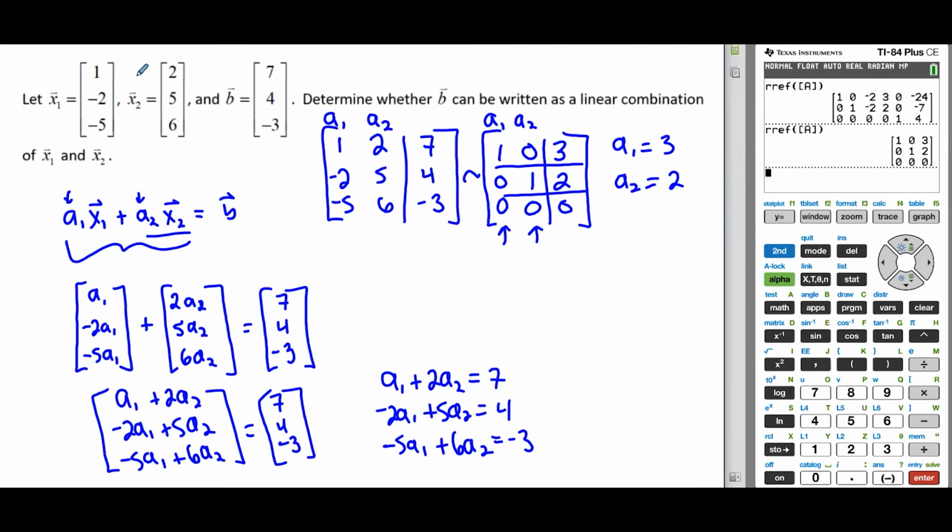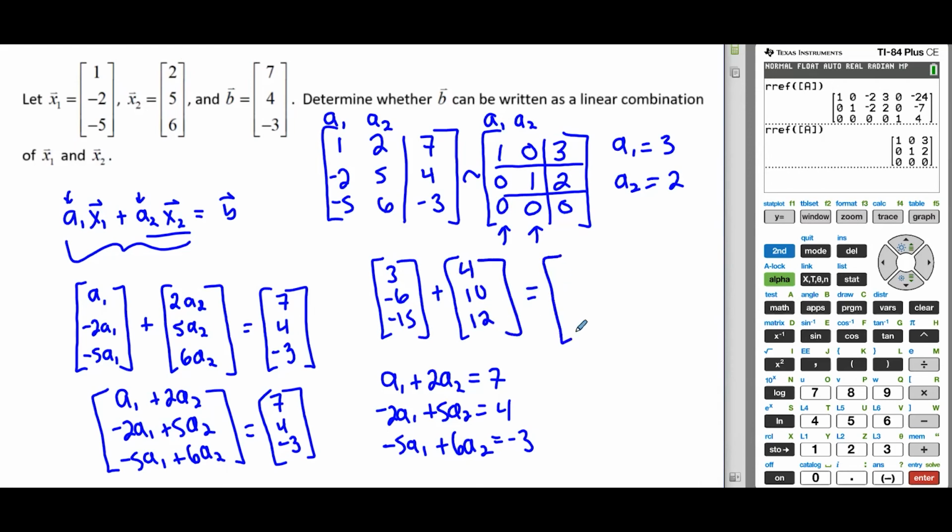If I multiply x1 by 3, I get 3, negative 6, negative 15. And then if I multiply x2 by 2, I get 4, 10, and 12. Let's just see if I add those together, do I get b?